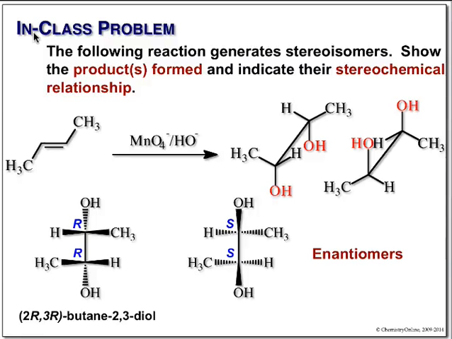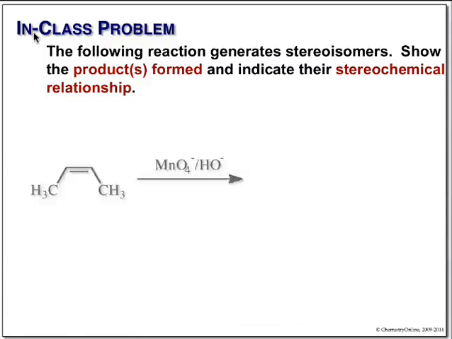If you don't put in the parentheses, it's not really wrong. A lot of people put in the parentheses because it just differentiates the stereochemistry from the name itself. So 2R, 3R, butane-2,3-diol. This will be the same thing, except they're both S. Enantiomers.